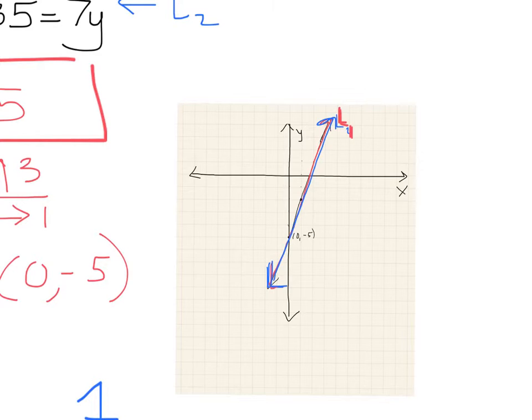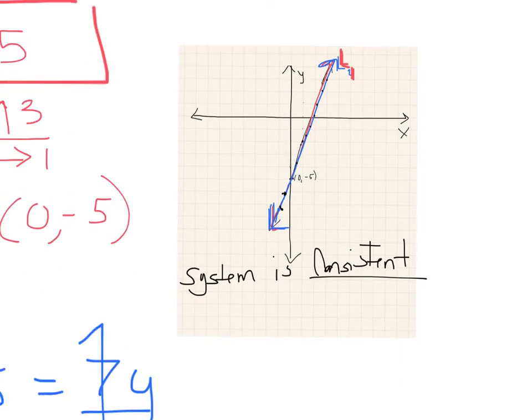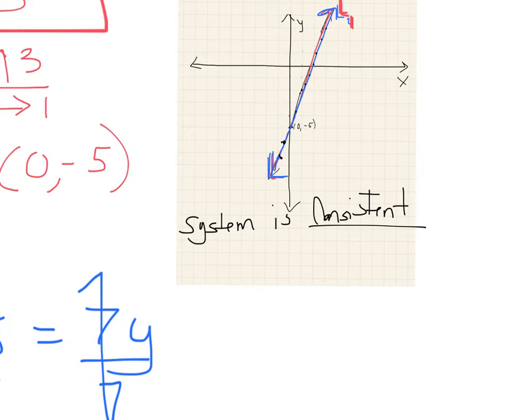So where do the lines intersect? Here, here, here, here, here. They intersect at infinitely many points. So there is a solution. The system is consistent, and from the handout that you printed out, where I explained a couple of concepts, a system is consistent when it has at least one solution.